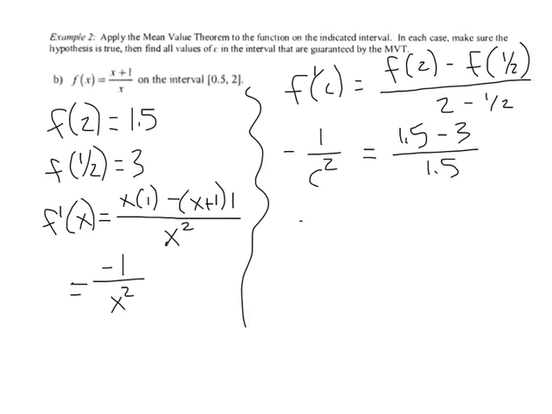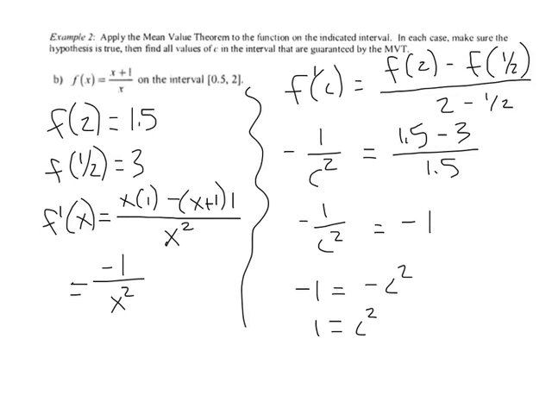Okay, from there we get negative 1 over c squared equals, if I figure out what that quotient will be, in the end it's going to equal negative 1. We can still do some algebra, I suppose. I can multiply both sides by c squared. And so I'd have negative 1 equals negative c squared. I can multiply both sides by negative 1, so I get 1 equals c squared.